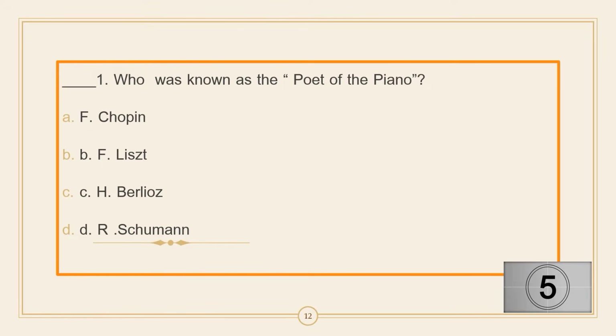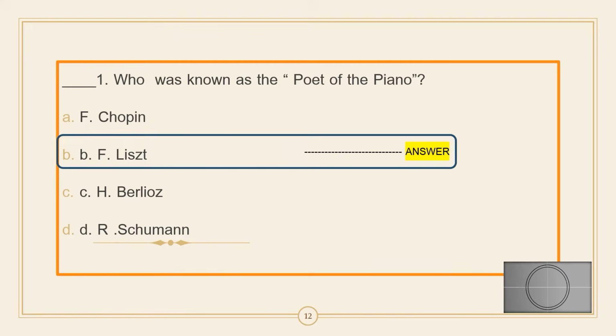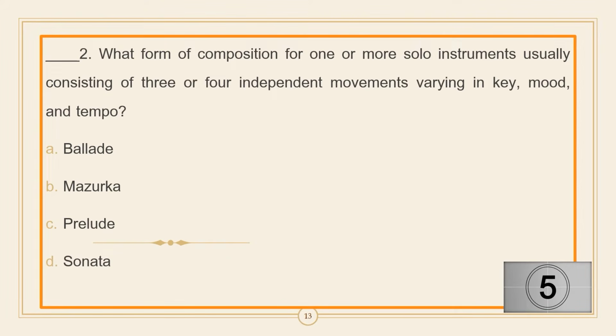Who was known as the poet of the piano? What form of composition for one or more solo instruments, usually consisting of three or four independent movements varying in key, mood, and tempo?